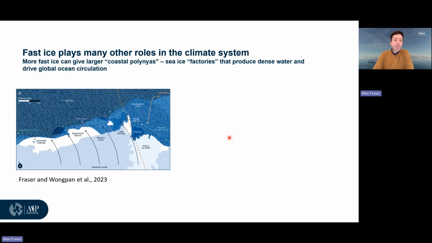There's a whole bunch of other roles that fast ice plays, not just in the ecosystem, but also in the oceanography with global implications, actually. Fast ice, which is indicated by white in the schematic here, is quite often associated with these things called coastal polynyas.